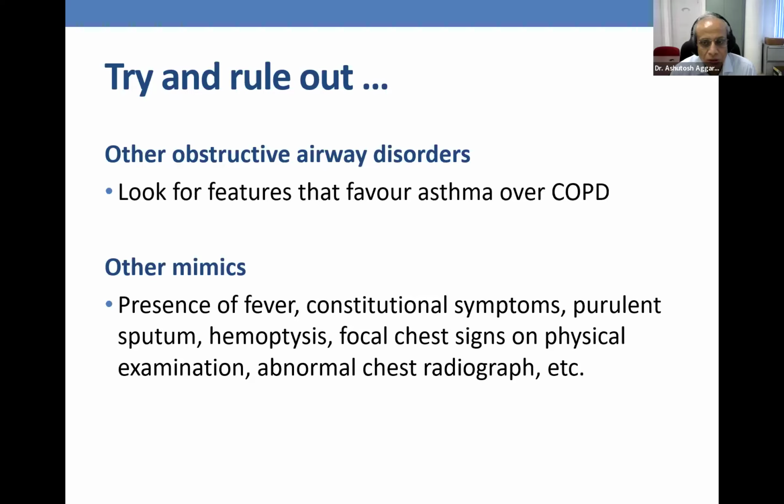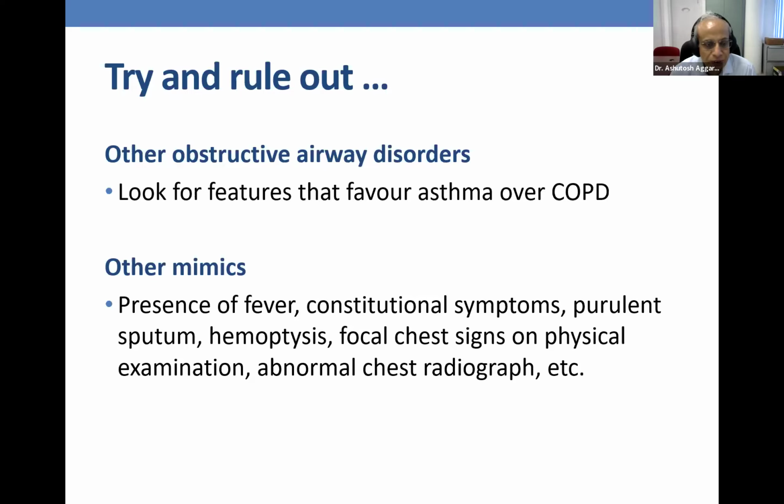And I will shortly cover some of the basic clinical features that can easily be found on an OPD basis that will help in this regard. Then other mimics also need to be ruled out, and some of these mimics will have other ancillary symptoms apart from the symptoms that I have already mentioned.